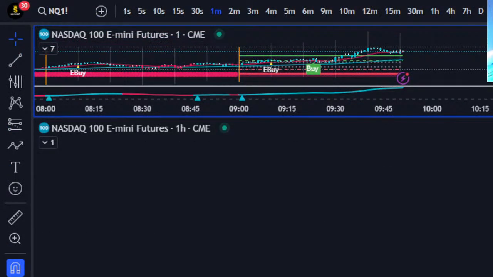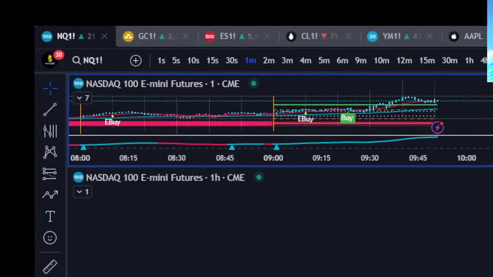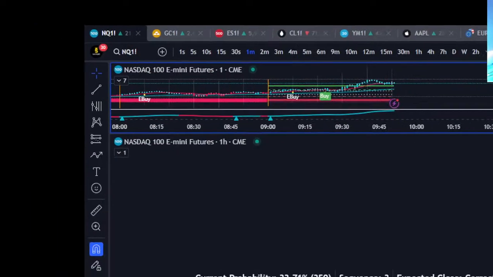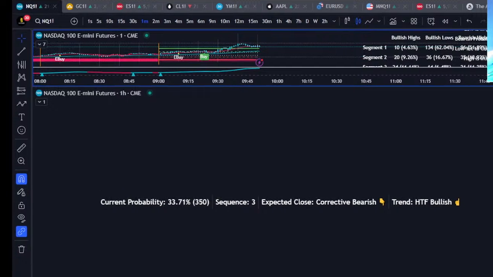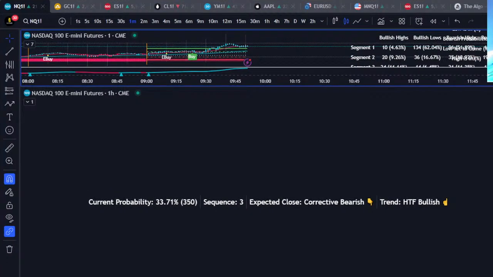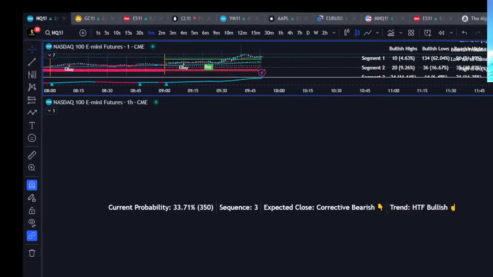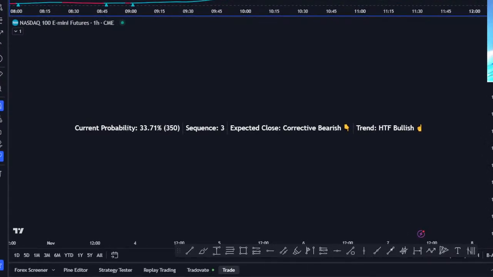Hang on. I've changed something. I'll fix it. There we go. Can see more of the algo.